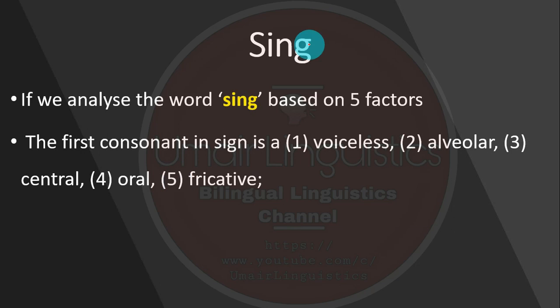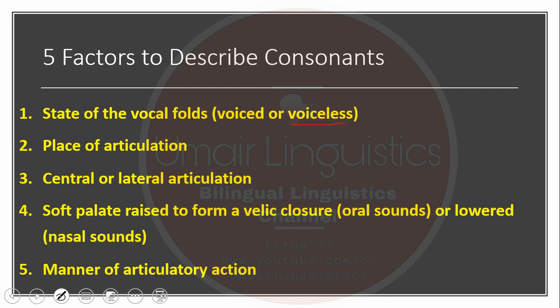And if we discuss the last sound of this word, based on these 5 factors, the state of the vocal folds will be voiced because nasal sounds are voiced. Place of articulation: it is velar. Central or lateral articulation: it is a lateral articulation because we are producing this sound at the velar position.